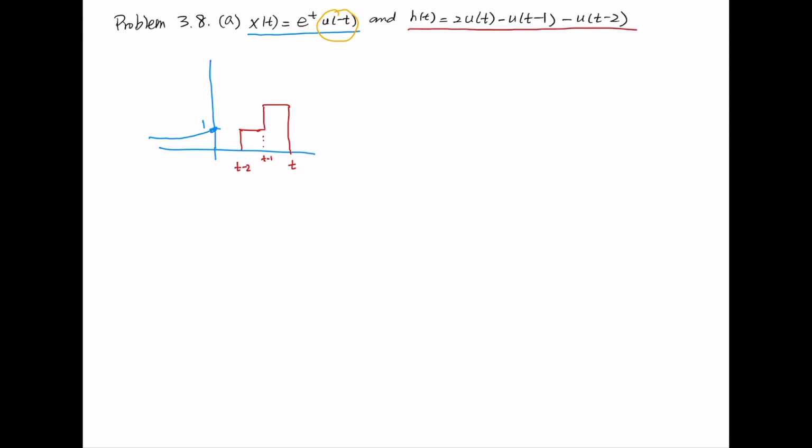So we can start from the left-hand side. The first case is where h(t - tau) is somewhere in here, which means t is less than 0. Then we have the overlapping portion in here, but we need to be careful. For h(tau), the height is 2 from t-1 to t.